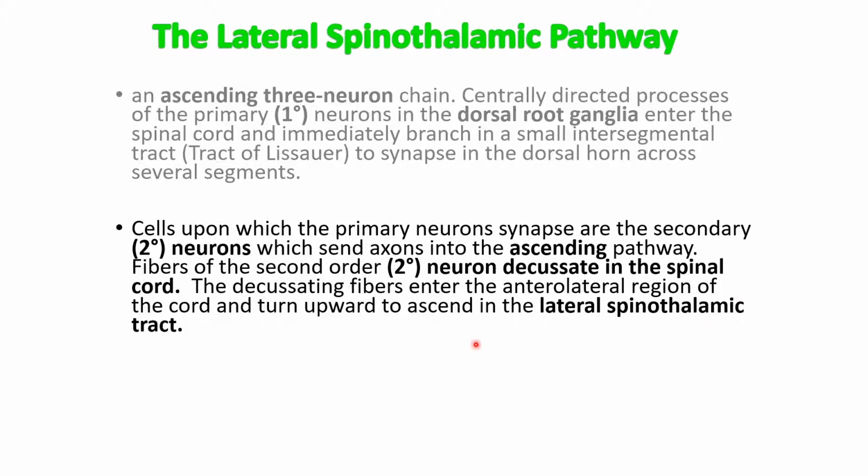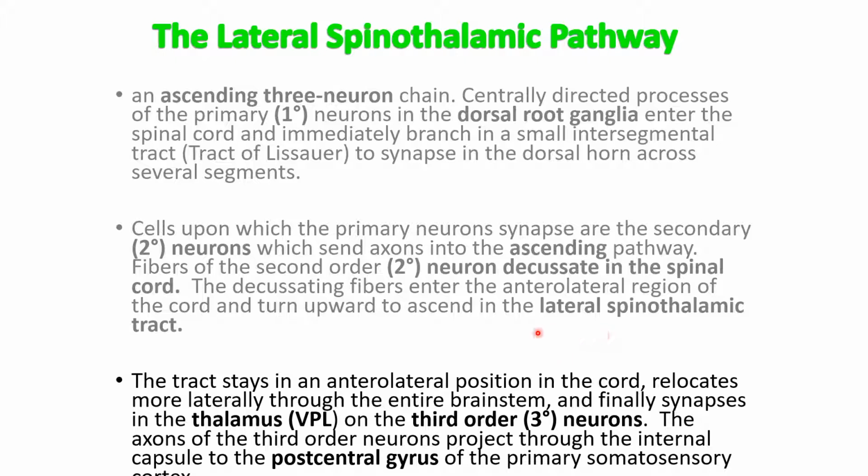Those fibers enter the anterolateral portion of the cord and turn upward to ascend in the lateral spinothalamic tract. The tract stays in that anterolateral position in the cord and relocates more laterally throughout the brainstem. And finally it synapses in the thalamus, in the ventral posterior lateral nucleus, on a third order neuron.